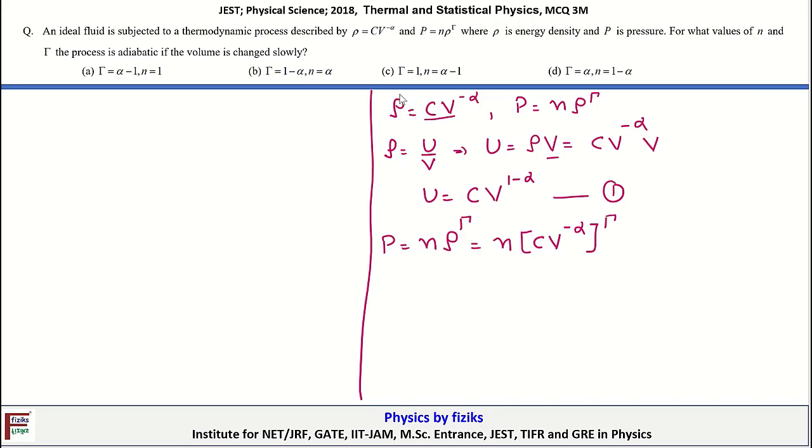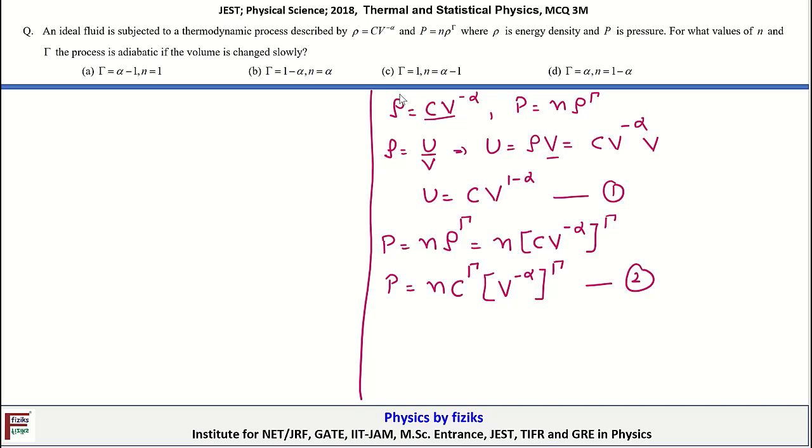From here we conclude that P is equal to n C to the power gamma, and then inside the bracket V to the power minus alpha, and its power gamma. Let's call this equation 2.